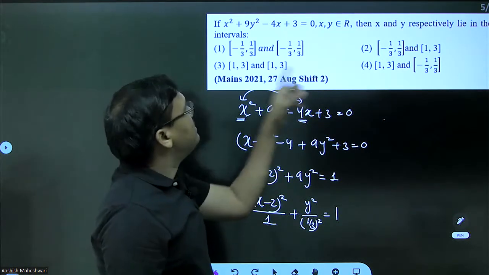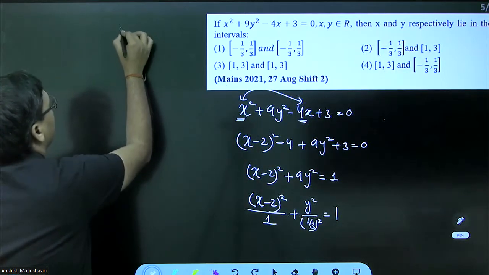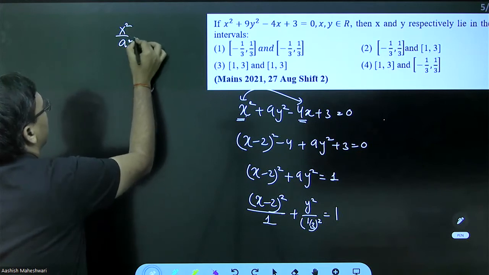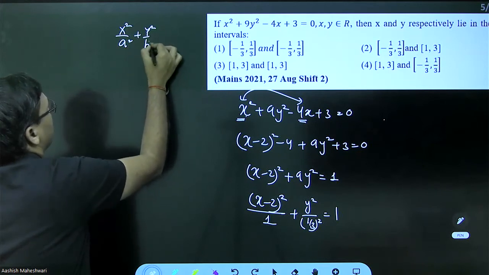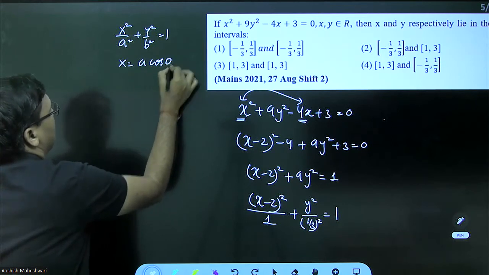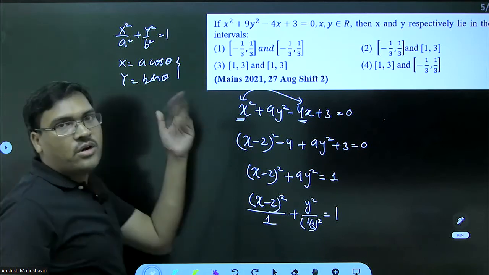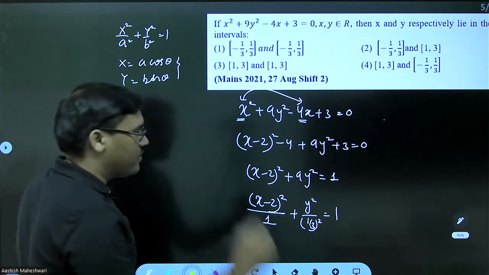Now the question is, what is the range of x and y? Now you know, if you have any ellipse of this form, x square upon a square plus y square upon b square equal to 1, I can take x is equal to a cos theta and I can take y is equal to b sin theta. Parametric coordinate. So now you see, how can I use this?